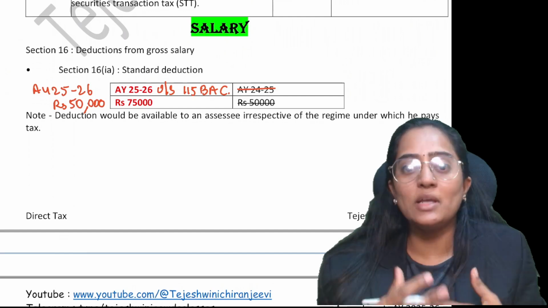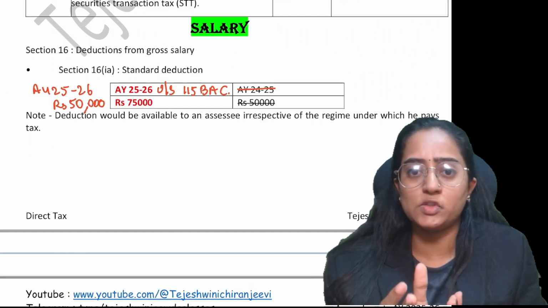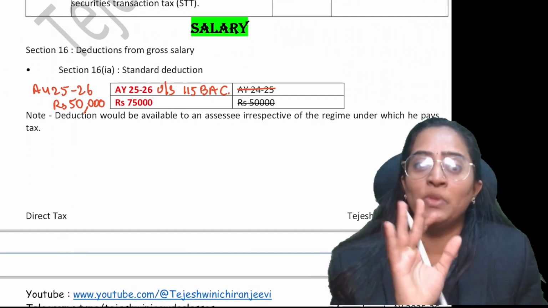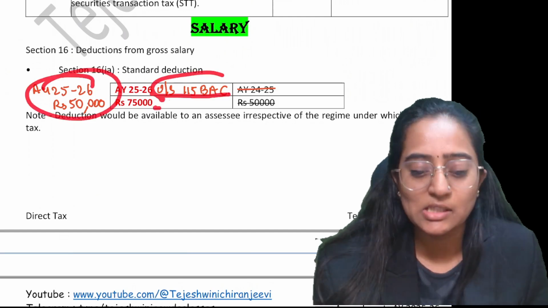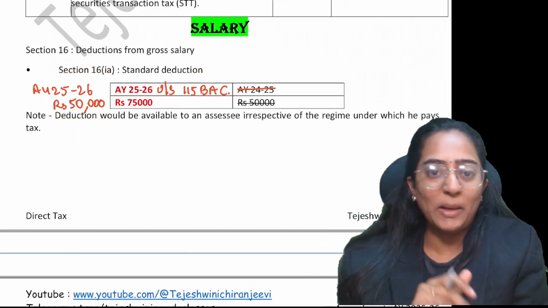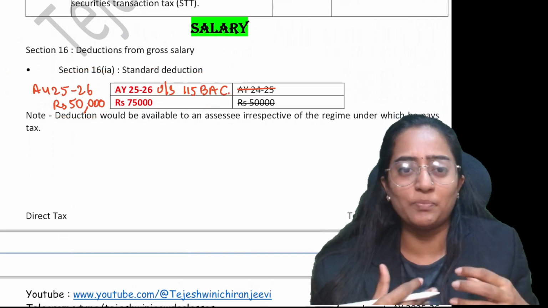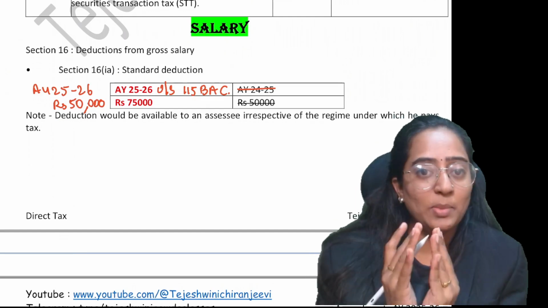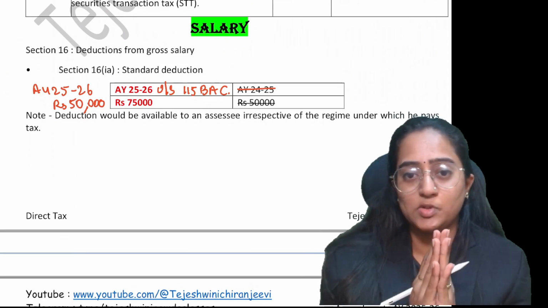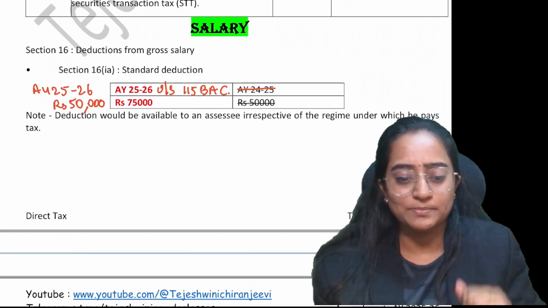I will be uploading a revised material along with the questions we'll be doing in this amendment material. But those who didn't have these changes, please write this in your material. Please take a print of this amendment notes, because the majority of your questions in your exams will be covered from the amendment concepts only. So please make sure you have a very good hold of the amendments.